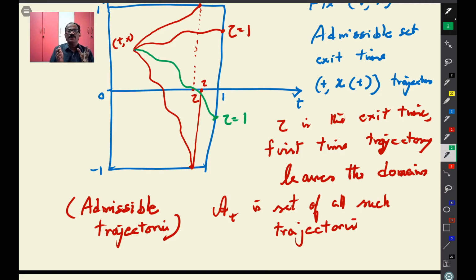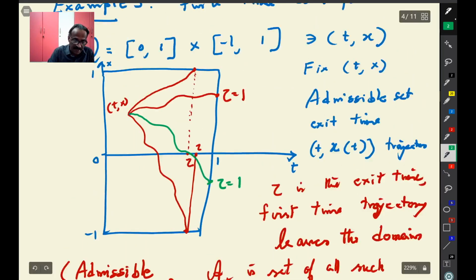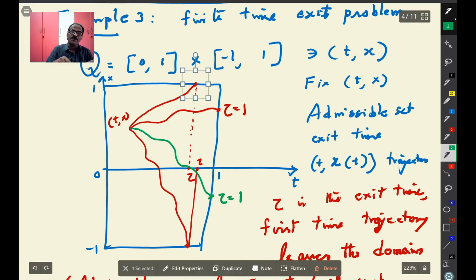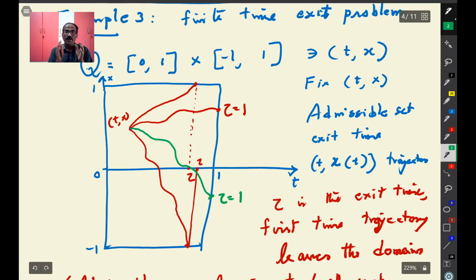So up to t equal to 1, it covers everything. So in that case, your exit time is 1. But it's possible that the trajectories will leave before that and hit the boundary. So you are looking for the first time tau, for which the trajectory (t, x(t)) is within the domain up to t equal to tau, and tau is the first time, so (tau, x(tau)) will be on the boundary.